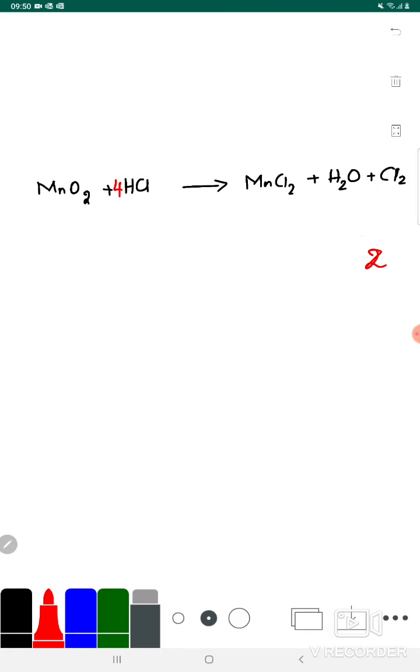Right? Now moving on to oxygens. Oxygen I have 2 oxygens here and I have only 1 oxygen this side, so make this 2, right? Then move to hydrogens. Hydrogen I am having 4 hydrogens here and 4 hydrogens here also, therefore this expression is now balanced.